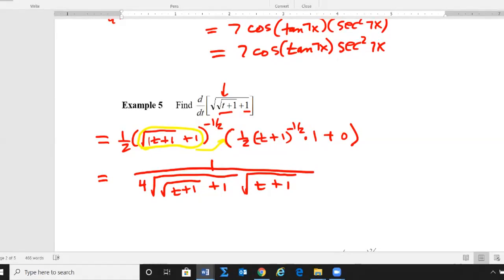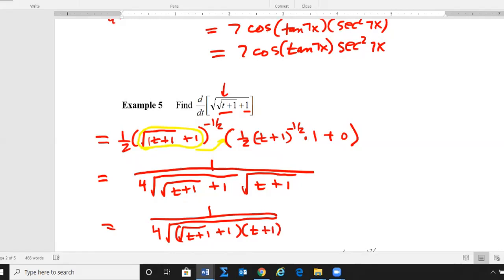You just got to be careful inside there when you do that, because if you bring this under, you'll have this root t plus 1 plus a 1, and that quantity will be multiplied by this t plus 1 like that. Okay, so it's not as nice as you might have thought it might have become. I'd stop there. This is one of those problems where you quit while you're ahead.